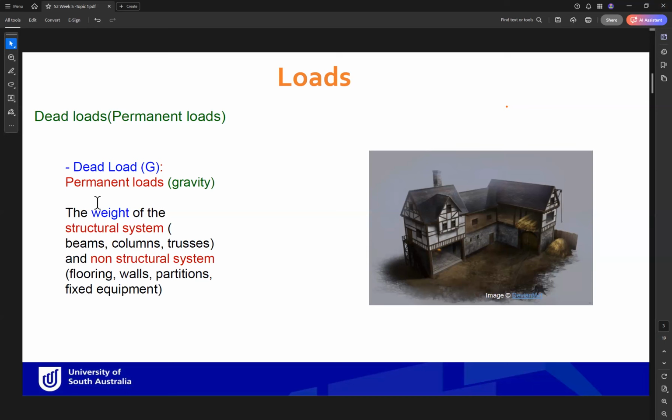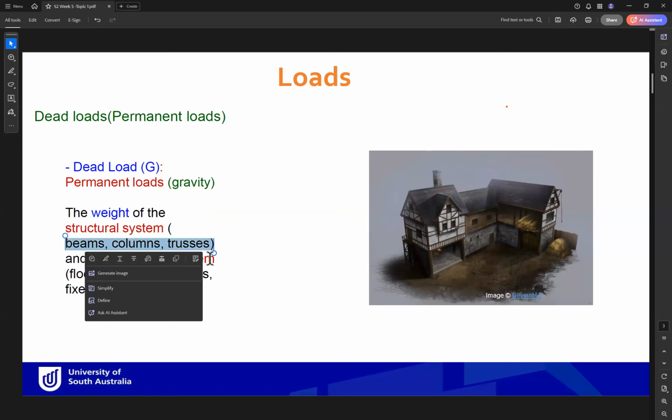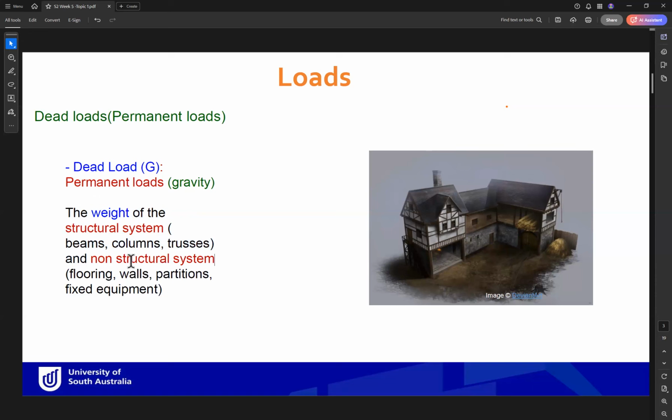This dead load includes the self weight of the structure system, including all the beams, columns, trusses, and so on, and also all the non-structural elements like flooring, walls, partitions, and fixed equipment. So any load that doesn't move on the structure system is considered dead or permanent load.